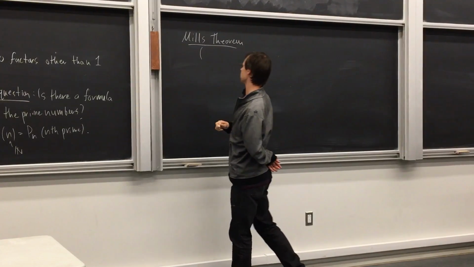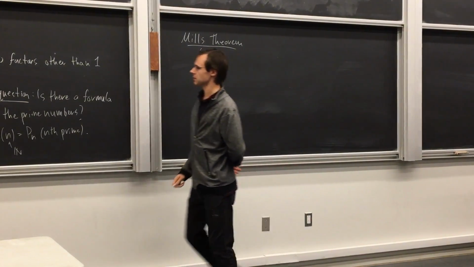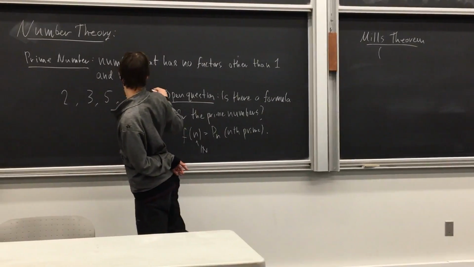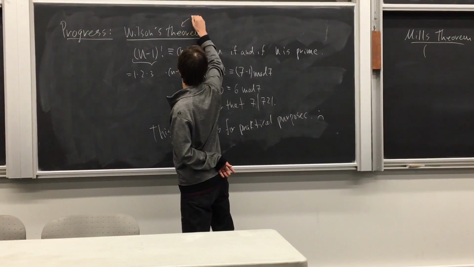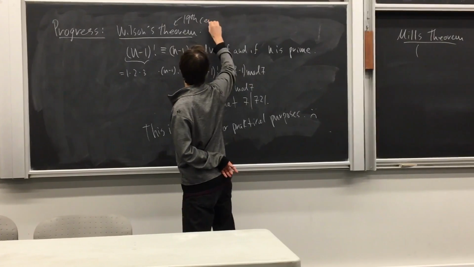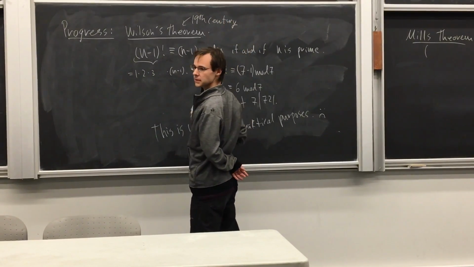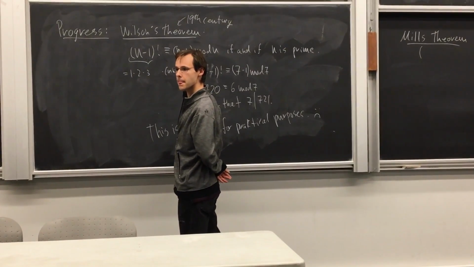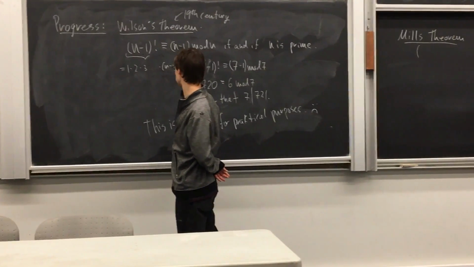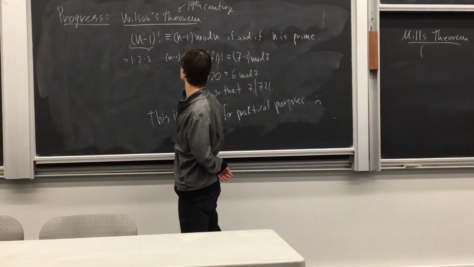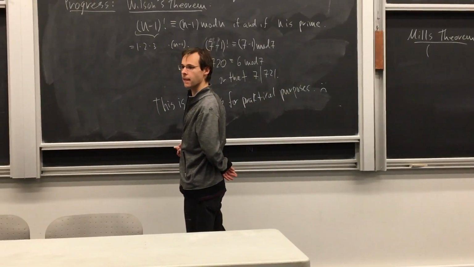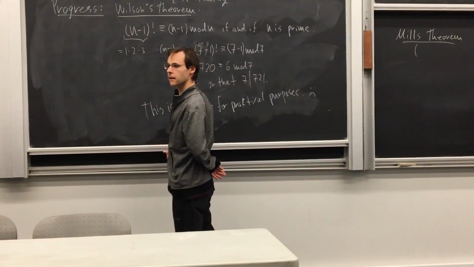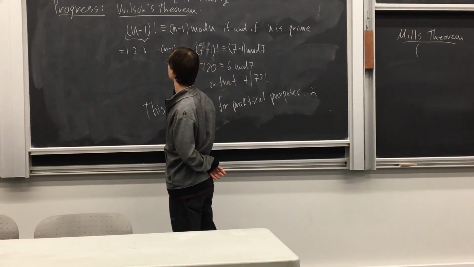And this was done considerably later than this. So this was from the 19th century, actually. Where's Mills' theorem? This is 19th century. Excuse me. I think there's a factorial on both sides, right? I think there's an exclamation mark on the right side as well.